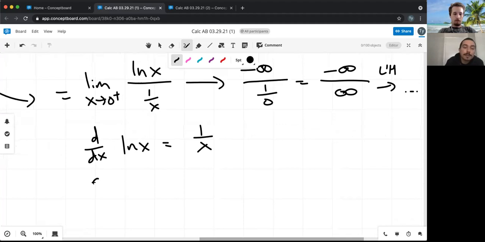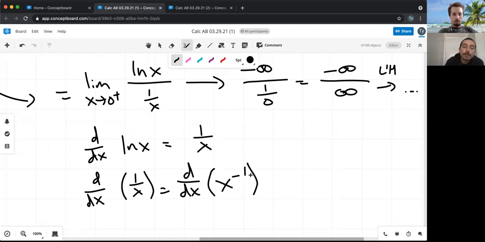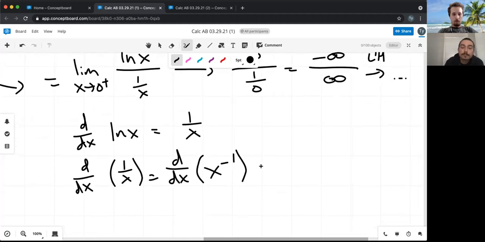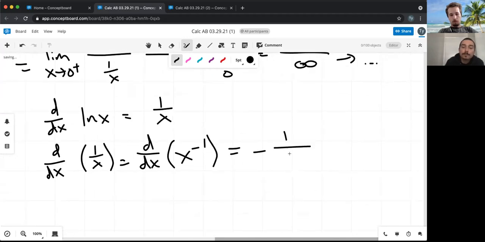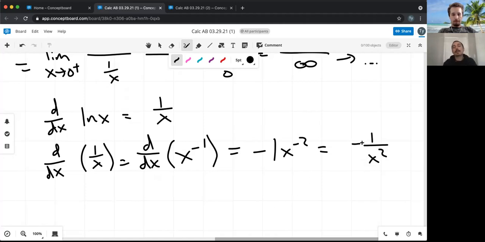The derivative of the denominator: I'm going to rewrite that in a form that I'm more comfortable with. 1 over x is the same as x to the negative 1. And then we can use the power rule, which is the same, if we put it back, as negative 1 over x squared.